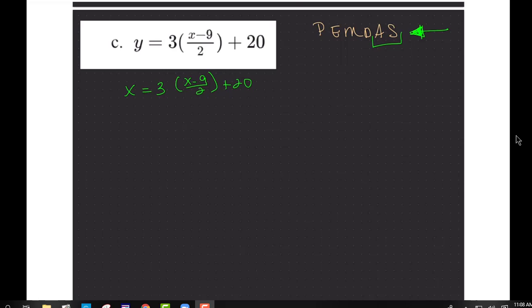We're going to subtract 20. Now we can look at multiplying and dividing. Is there anything we can multiply or divide out? The 3, yeah. Divide both sides by 3.